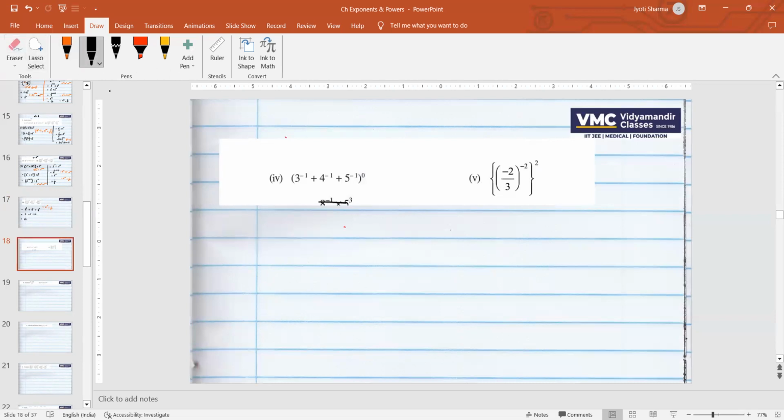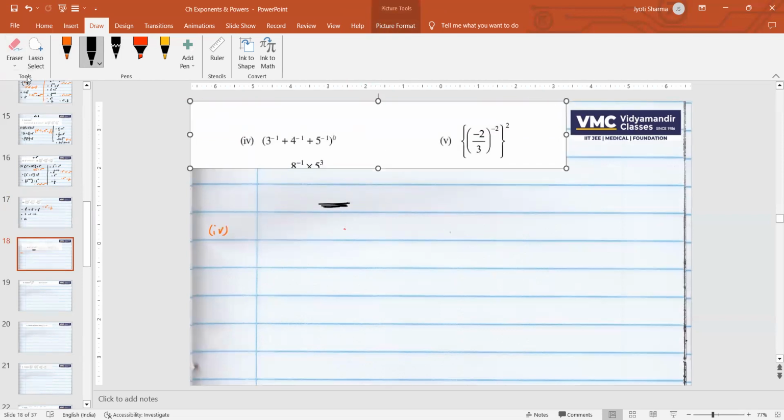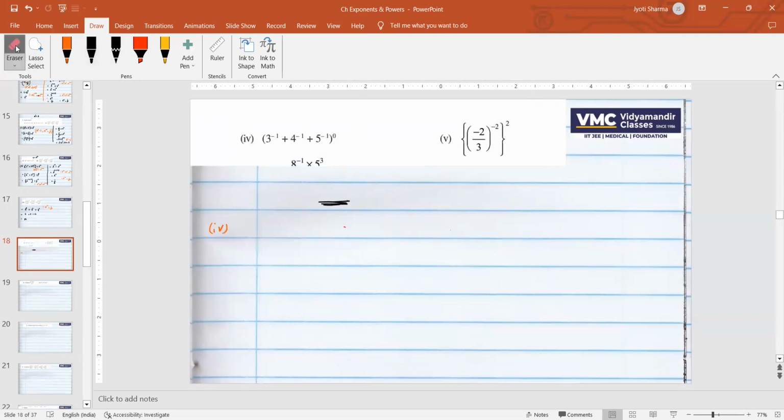Here I can write 1 upon 3, 1 upon 4, 1 upon 5.